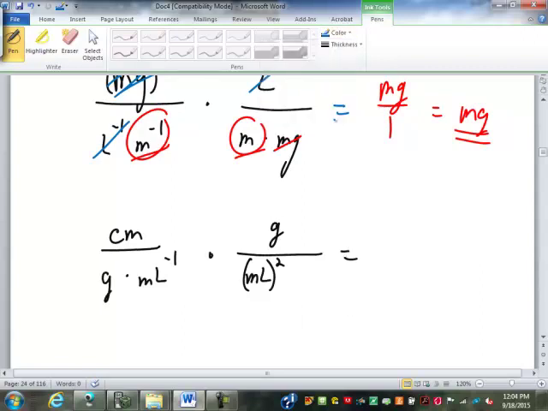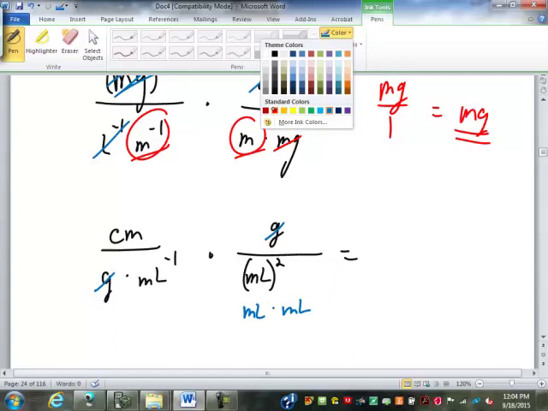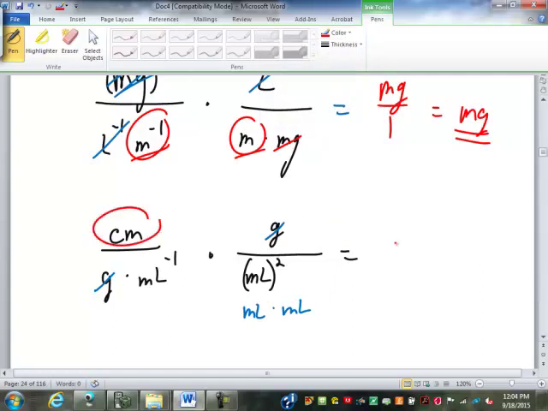If I look at this, first thing I can see is my grams will cross cancel. They're gone. Milliliters squared, I'm going to write as milliliters times milliliters. On top, I just have centimeters. On bottom, milliliters to the negative 1 times milliliters will cancel out. I still have milliliters, so I have centimeters per milliliter.